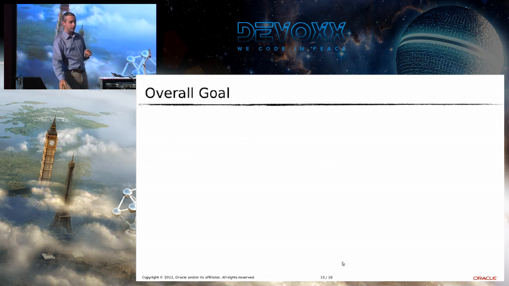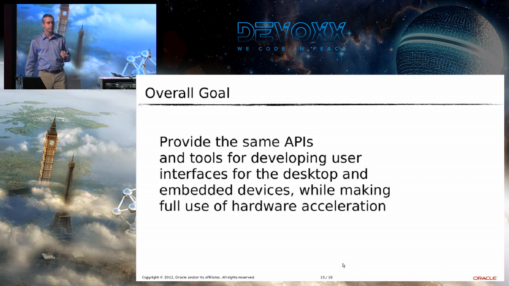And we're running on the hardfloat VM, even though it's the Oracle VM. That's something we're planning on coming out with soon. Okay, the overall goal of all of this is to provide exactly the same experience for developers, both for Java SE embedded, running on these really low-end devices, and on the desktop.